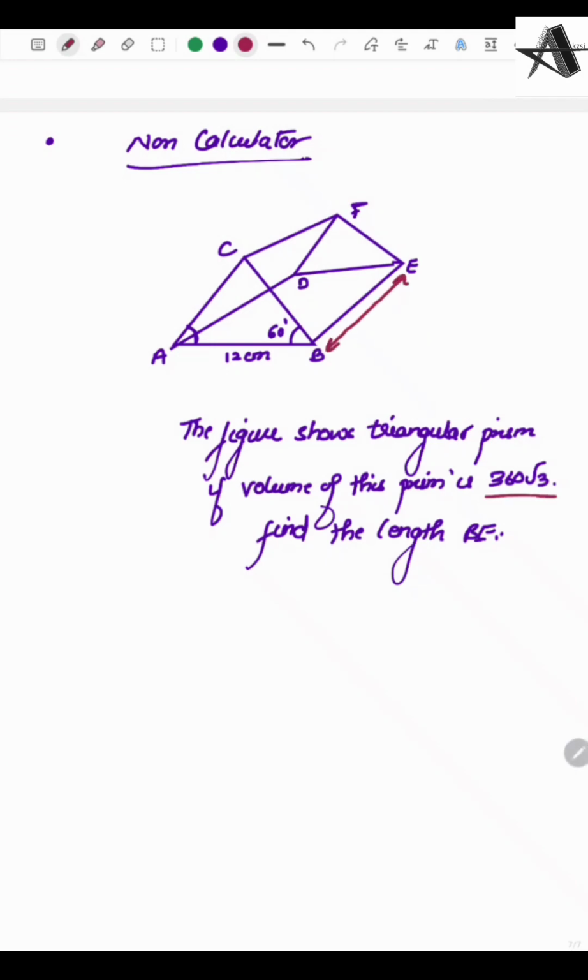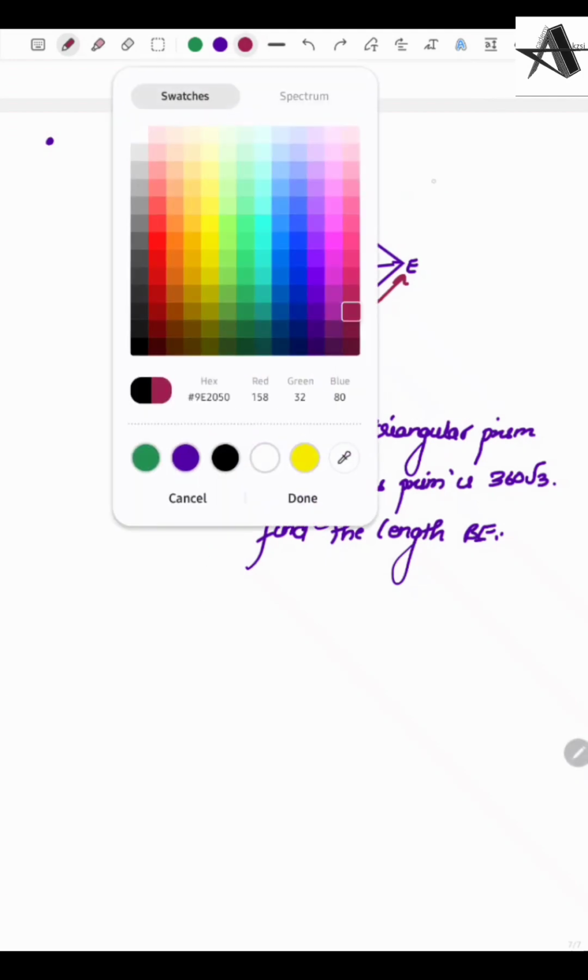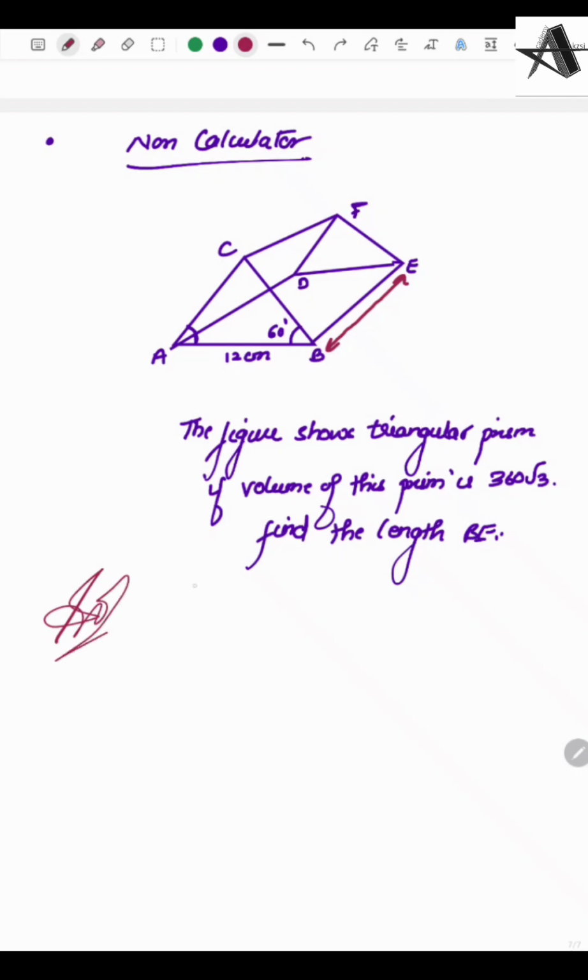They have given the volume as 360 root 3, and we know the volume of a prism is area of face into length. That means it definitely involves the length, which will help us in calculating it. So I'm starting again in reverse order.